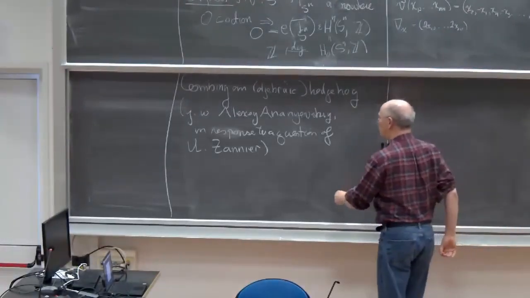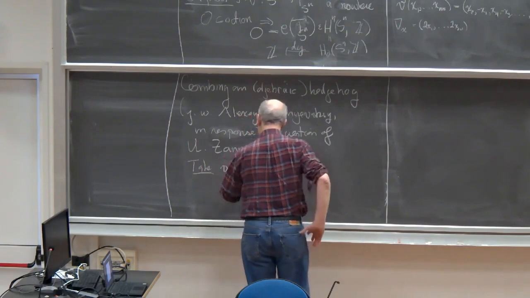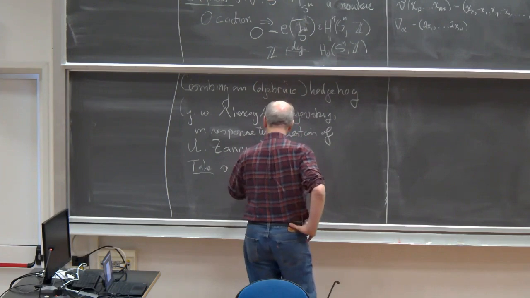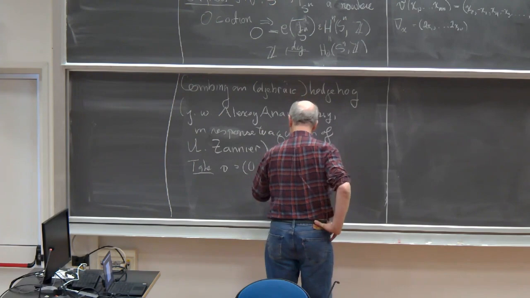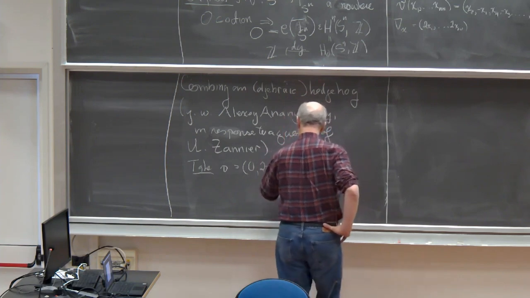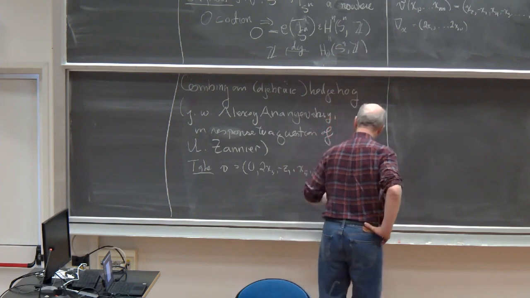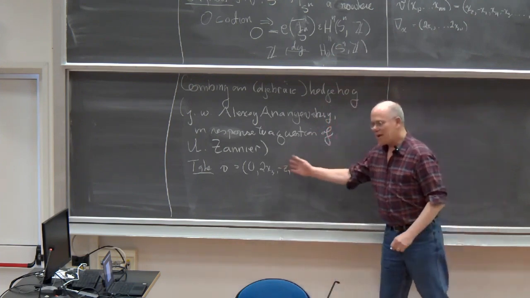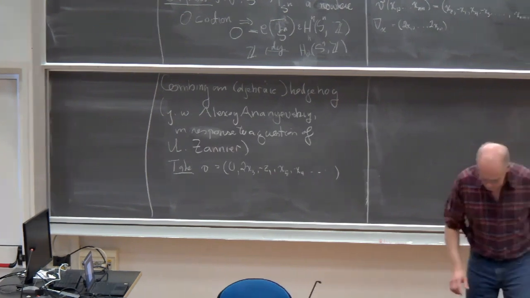You take v to be 0, and I think you do something like 2x3 and then minus z1. Then you go merrily along, x4, x5, minus x4, etc. Do the same thing. Since now you have one less space, that also works with n being even. So for K algebraically closed, like the complex numbers, you get a section.